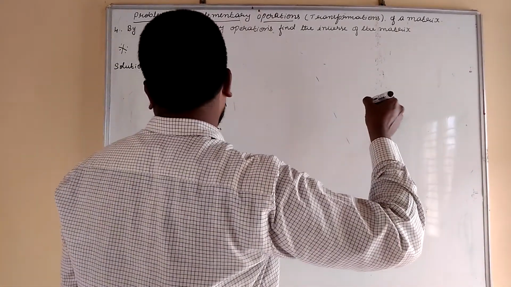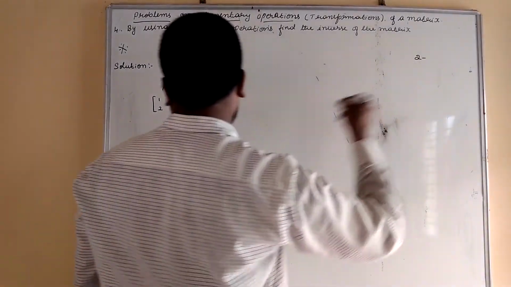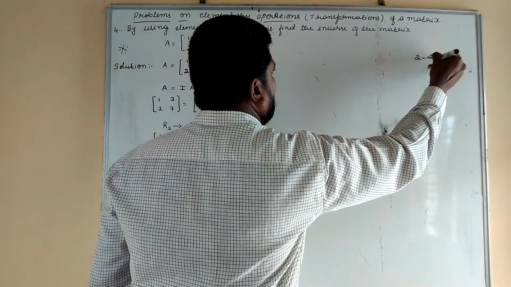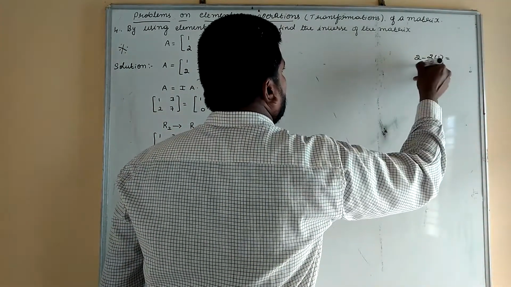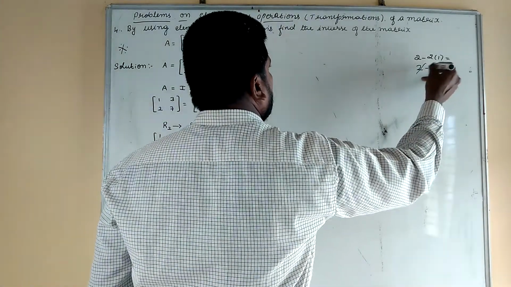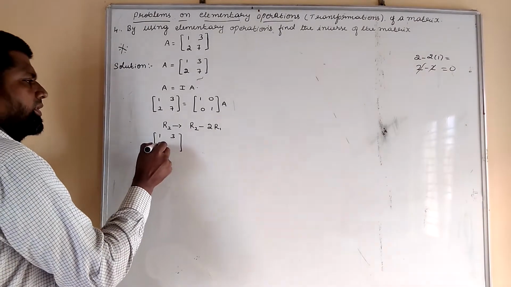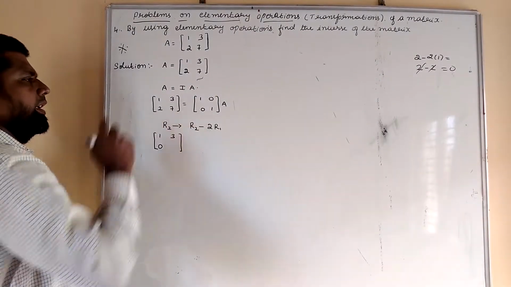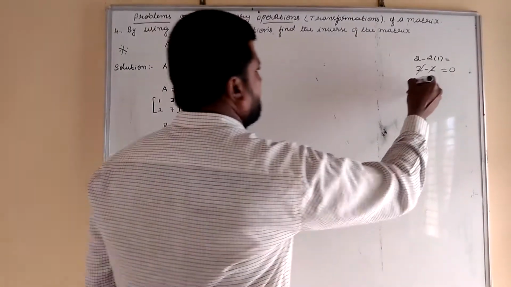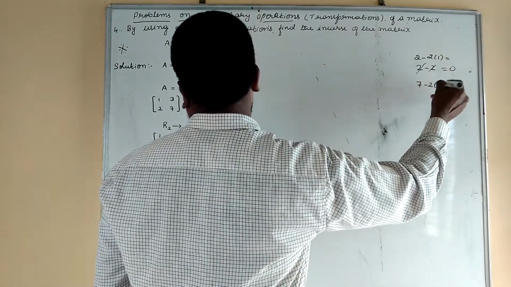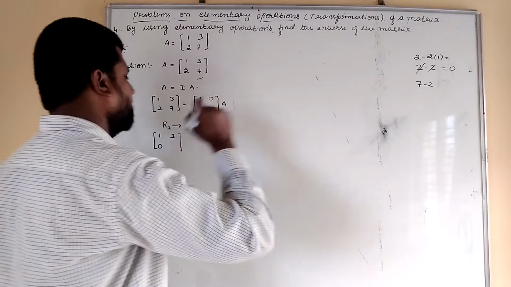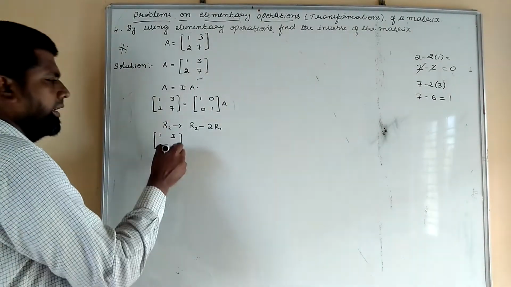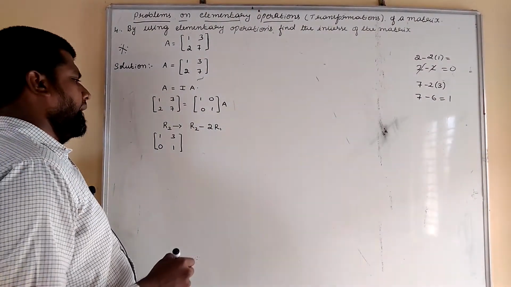The R2 first element is 2; 2 minus 2 into the R1 first element, which is 1, means 2 into 1 is 2, so 2 minus 2 is 0. So the R2 first element we got is 0. Now the second element of R2 is 7; 7 minus 2 into the R1 element 3, so 7 minus 6 is equal to 1. The R2 second element is 1.